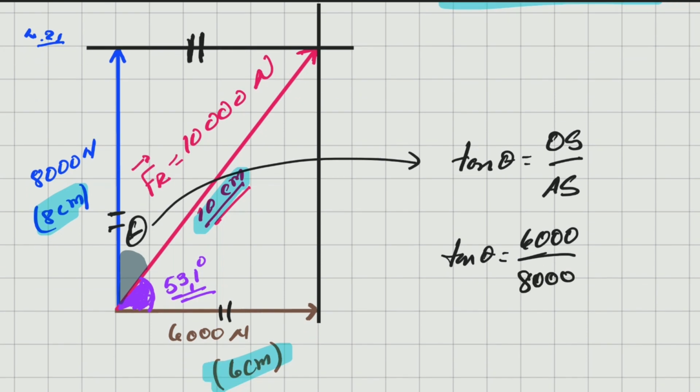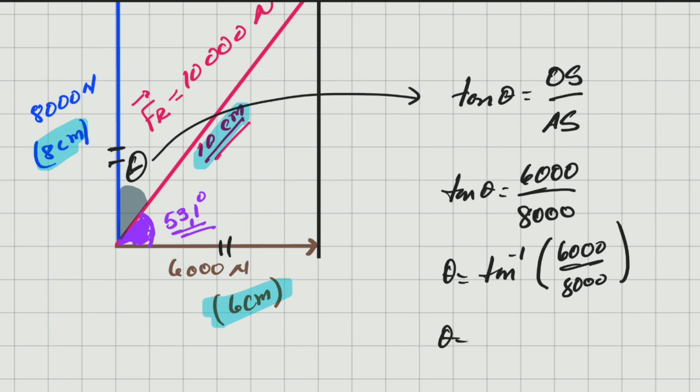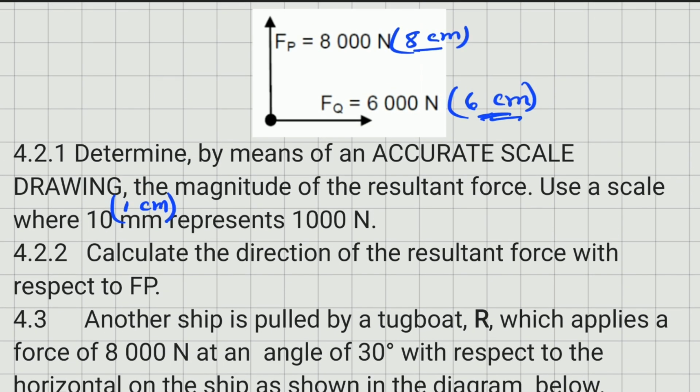But you have to get theta, so theta will be equal to tan to the minus 1 of 6,000 divided by 8,000. When you calculate that, guys, you will get 36,9 degrees. That is the angle they want you to calculate, with respect to FP.